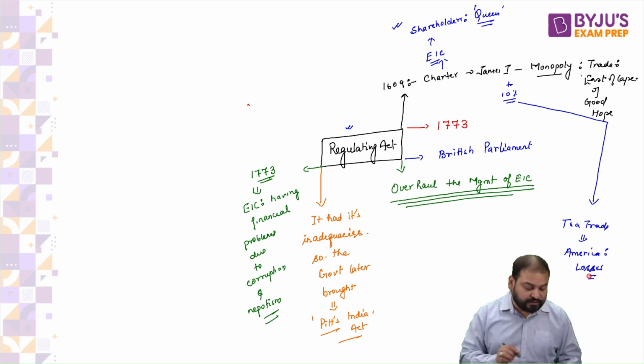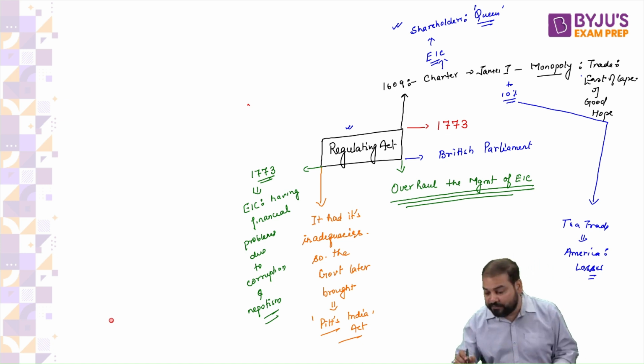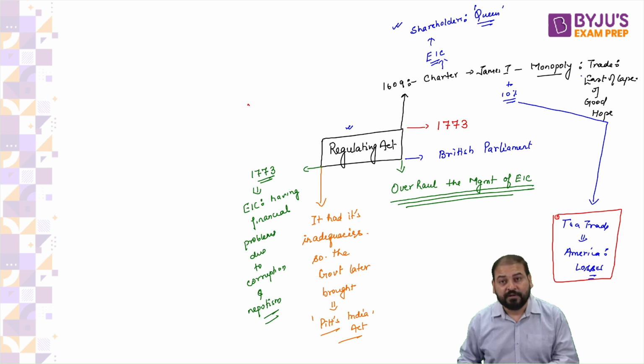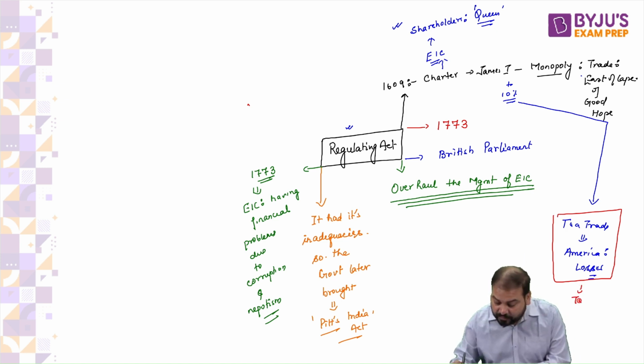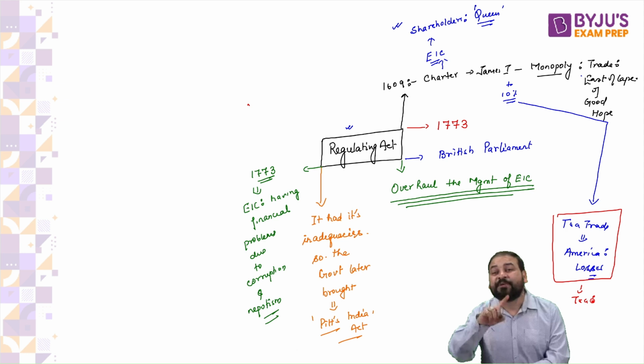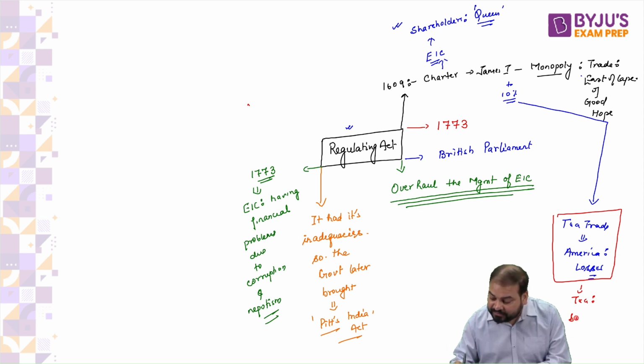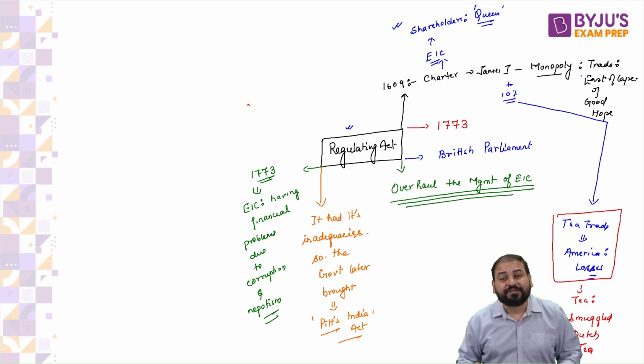You all will study this in world history under the American War of Independence. At this moment, the American people were consuming tea, but not the British tea, but the smuggled Dutch tea. Because of this, EIC was having a lot of losses.